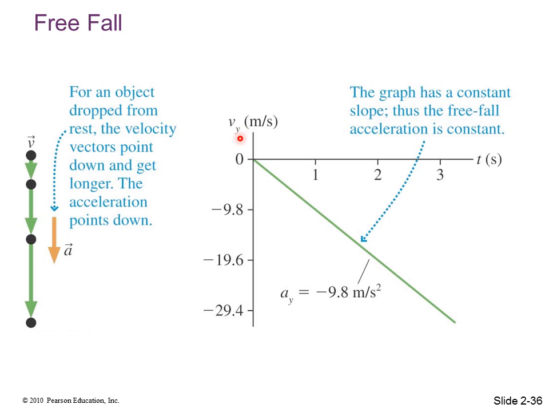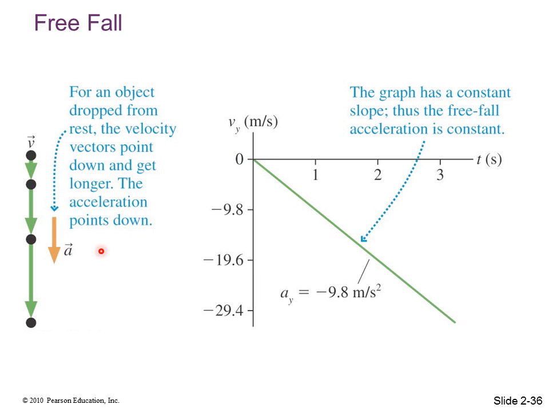So we won't have both x and y until we get to chapter 3 when we look at projectile motion. Anyways, let's look at the origin here. It probably doesn't surprise you that the velocity is 0 at the beginning of this physical event, because it was dropped from rest. So there's your 0.